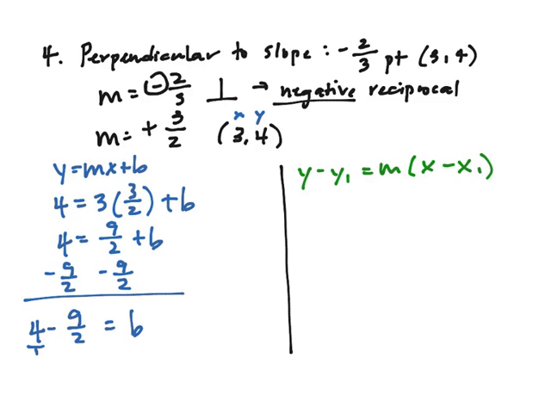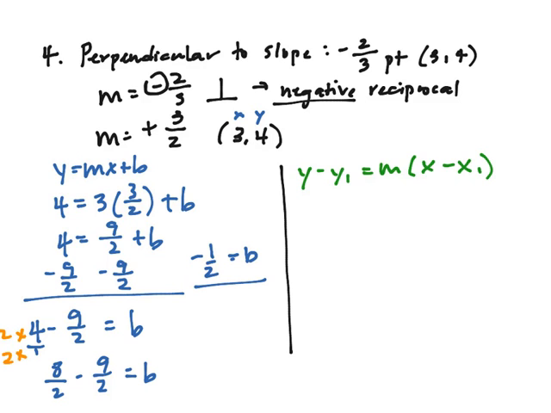If I need to make the denominator a 2, I need to multiply by 2, and then I have to multiply the numerator by 2. And so I end up with 8/2 minus 9/2 equaling b. And so b ends up negative 1/2.